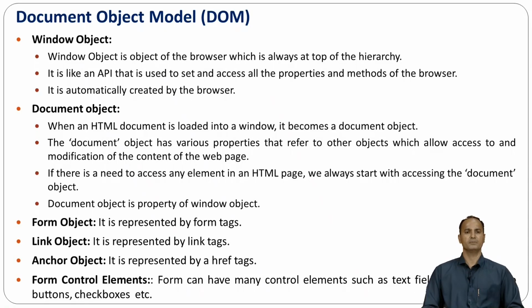If there is a need to access any element in an HTML page, we always start by accessing the document object. Through the document object we can manipulate the content of the HTML document. The document object is a property of the window object. After that there are form objects, link objects, anchor objects, form control elements, everything.